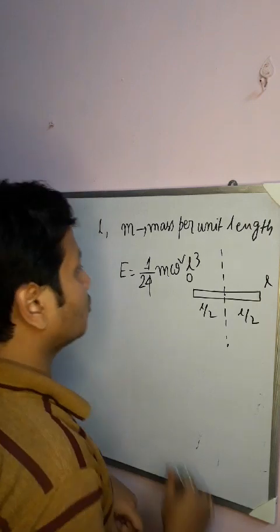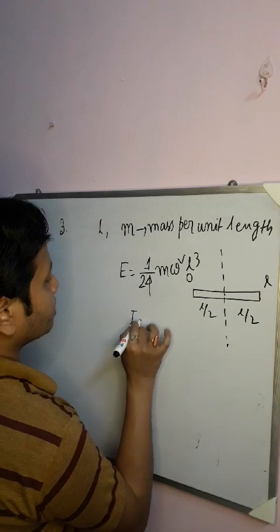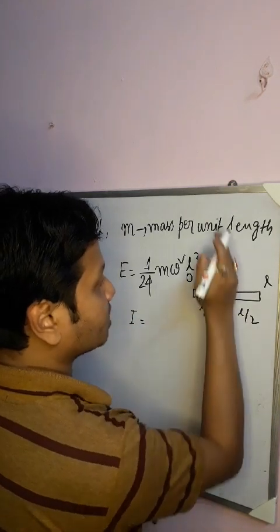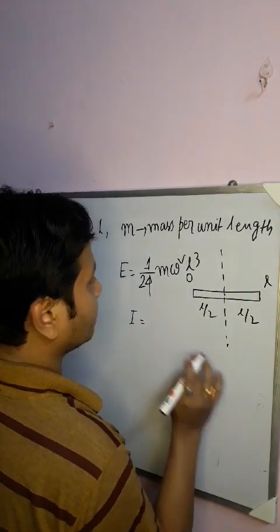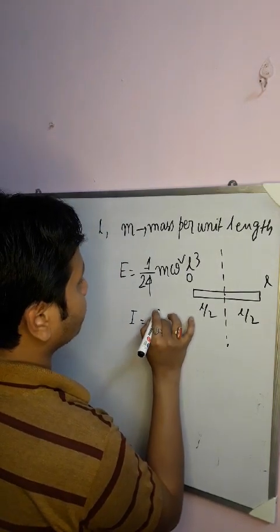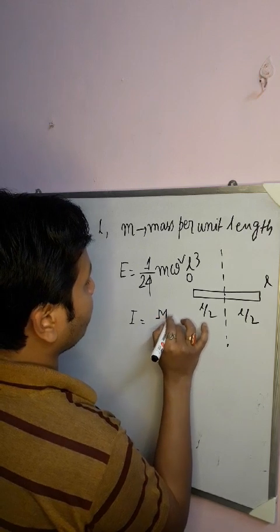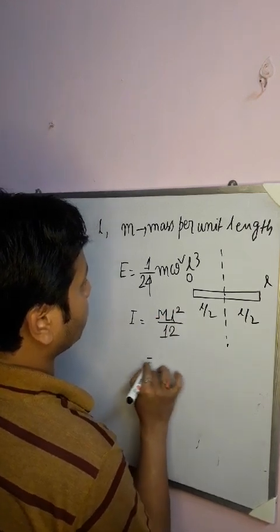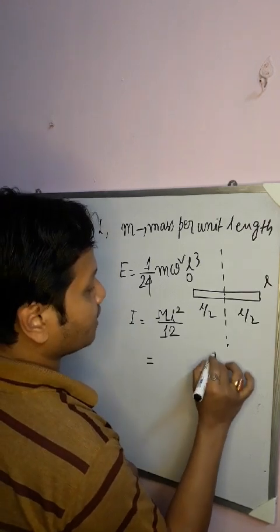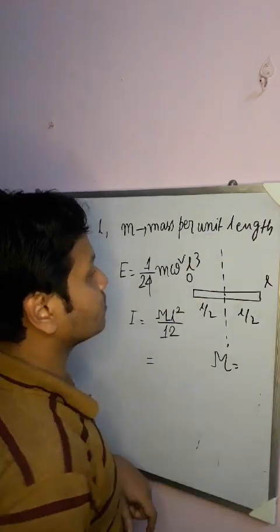Now we all know what the moment of inertia of a rod about an axis passing through the center of gravity and perpendicular to the length is, that is ml square by 12. Here m is the total mass, and it is given that m is the mass per unit length.